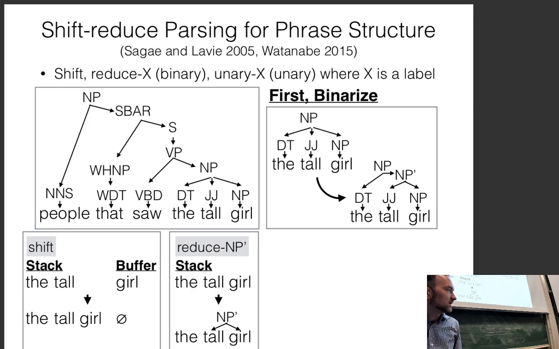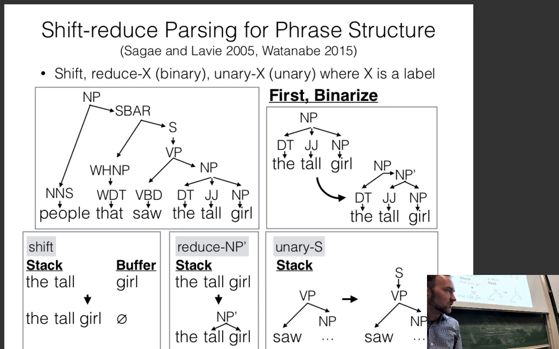Reduce NP-prime would take tall and girl and reduce them into NP-prime. And unary might take a configuration like this and add another unary rule on top. I won't go into a huge amount of detail, but if you design your transition system, it can also work for these kinds of phrase structure tasks.